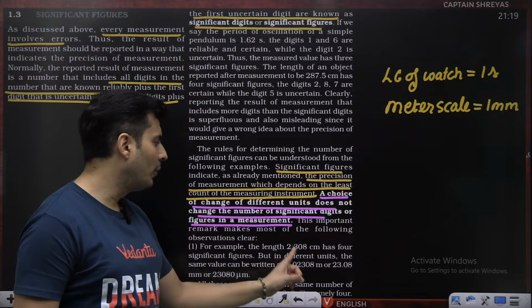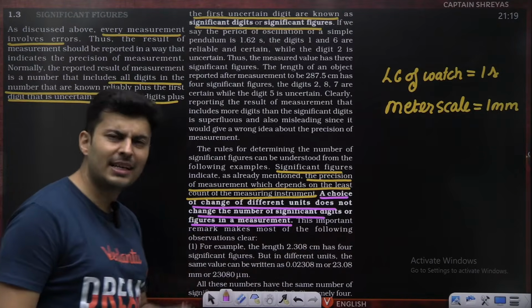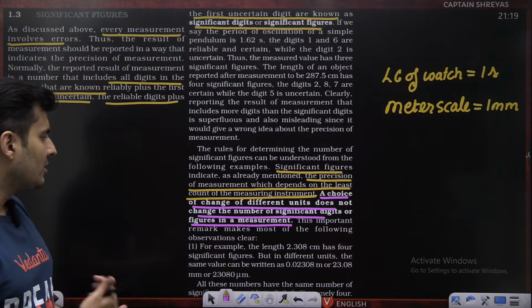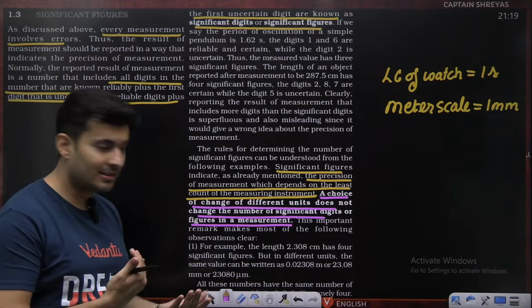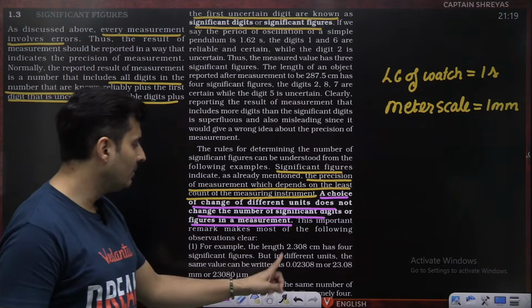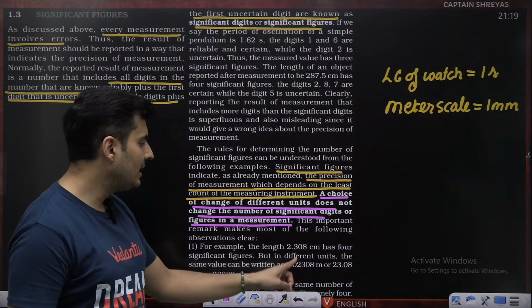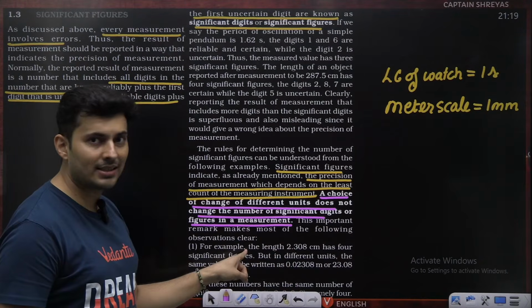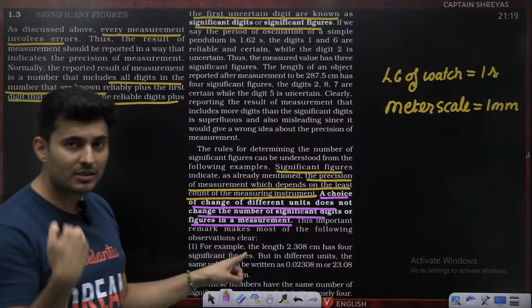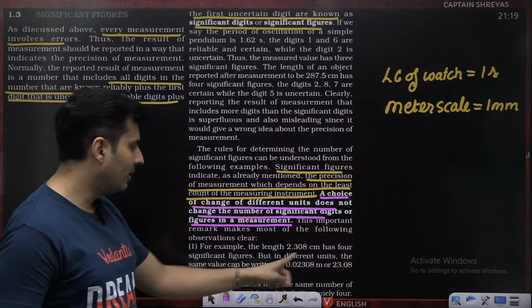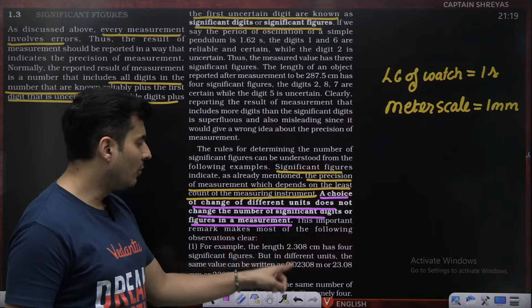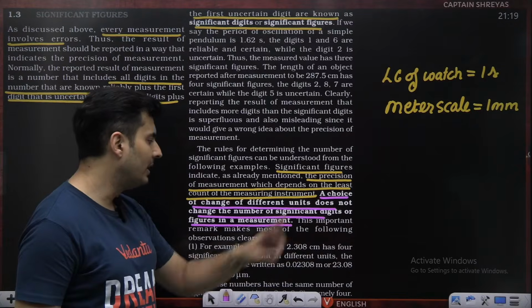Say the length is 2.308 centimeters. Let's say instead of centimeters, you go to meters. What will happen? This will become 0.02308 meters, because you'll shift the decimal two places, centimeters to meters, so it becomes a smaller number.